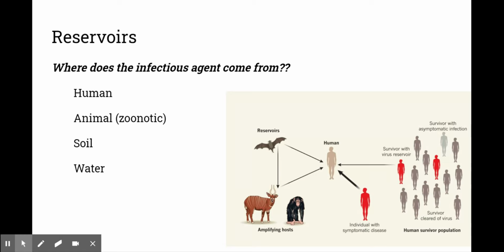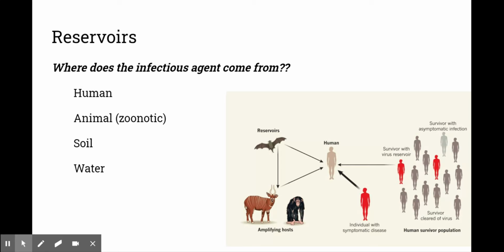So that's a little bit about these little pathogens that are causing all this trouble. So where do they come from? We can classify infectious agents in terms of 4 broad categories. Some infectious agents actually come from humans and spread from human to human from there.